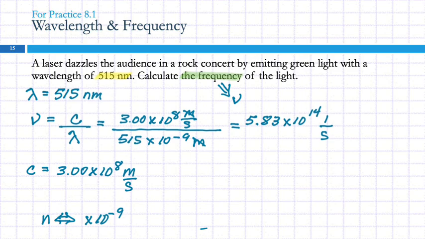On your calculator, mine's showing 5.8252427118 E14. That E14 is super important, because that's times 10 to the 14th. So always look at the end of the number, make sure you're including everything. So that could also be called 5.83 times 10 to the 14th hertz.